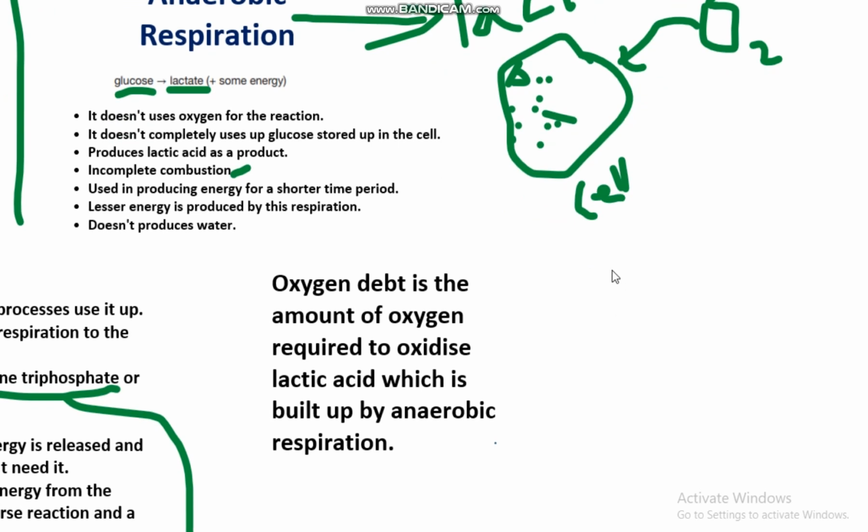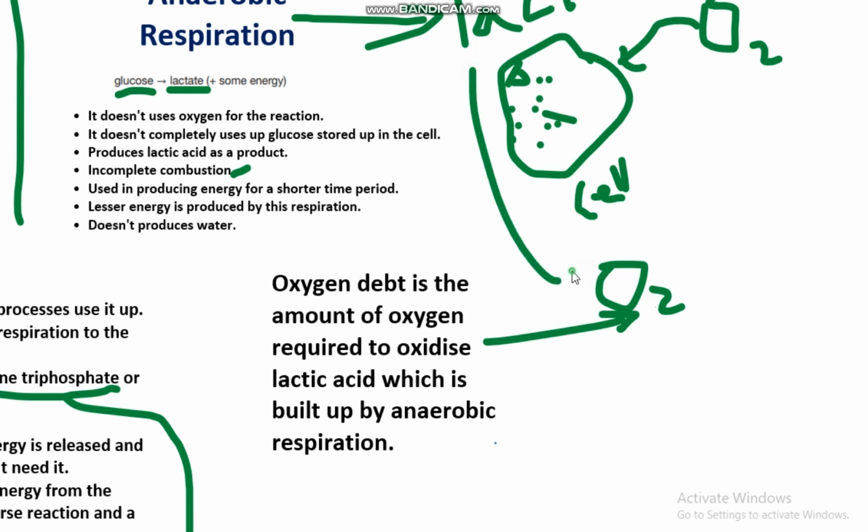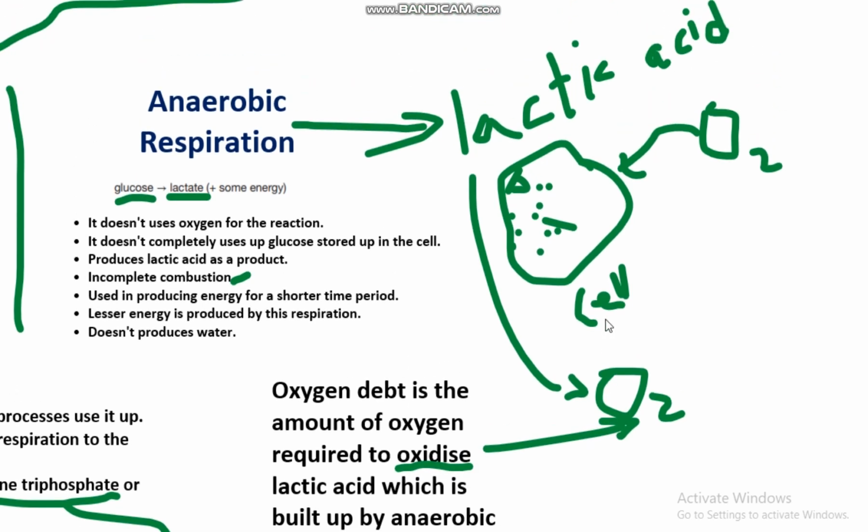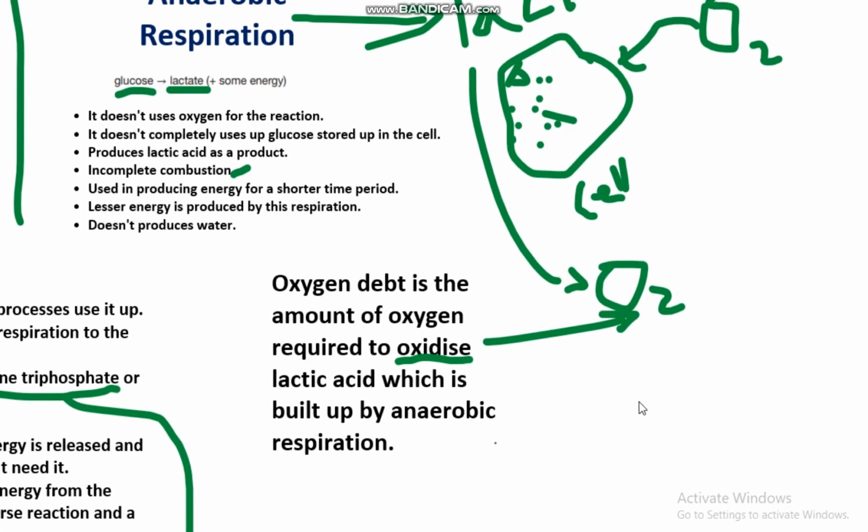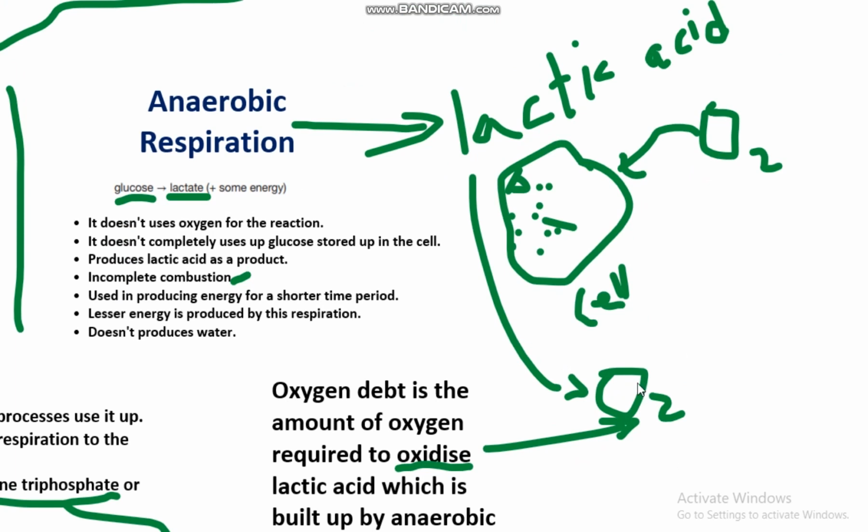When lactic acid is oxidized, this O2 will oxidize lactic acid. It will allow the volume of lactic acid produced in our body to be diminished or reduced to a greater extent, which is not threatening for our body.